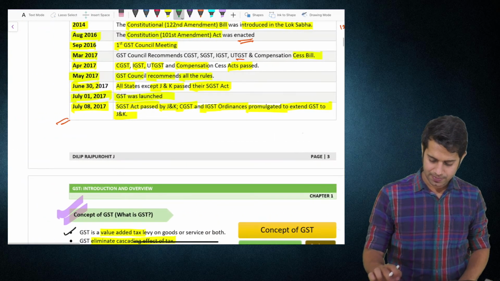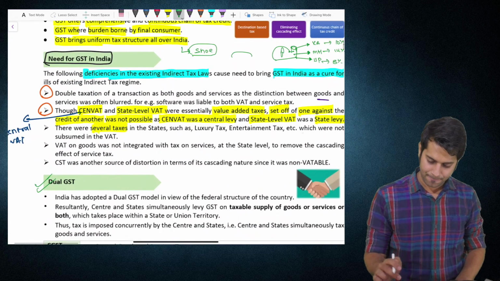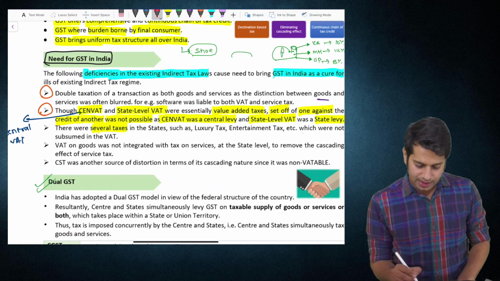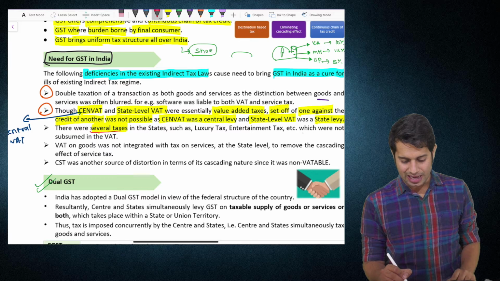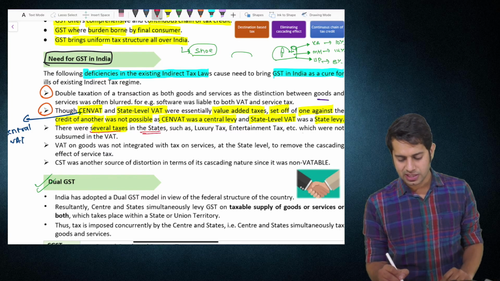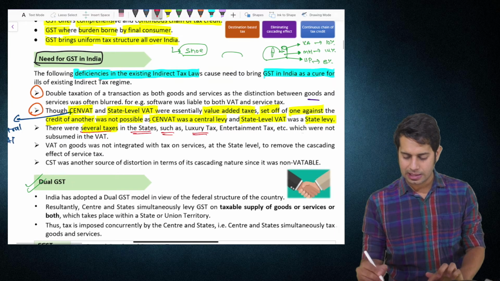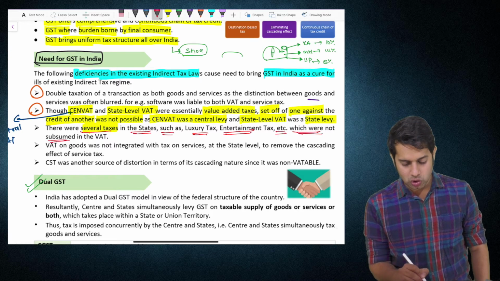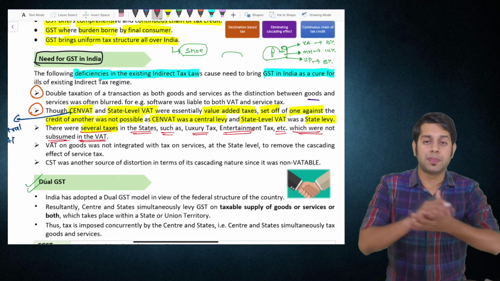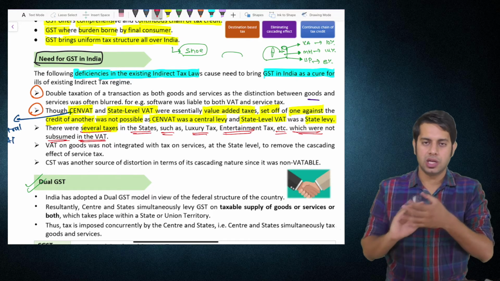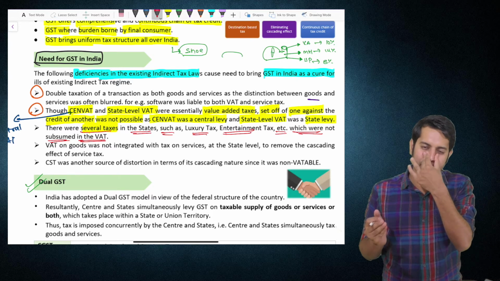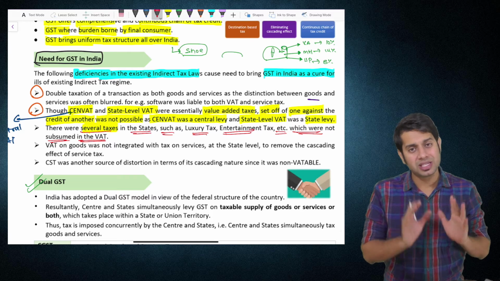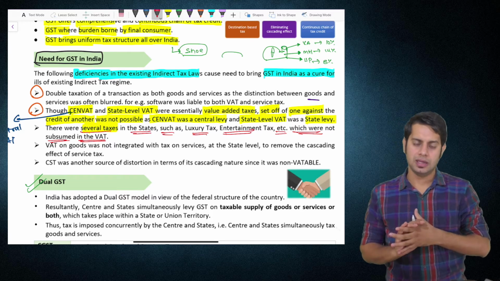What is this point telling, sir? There were several taxes in the state, such as luxury tax and entertainment tax, which were not subsumed in VAT. They were not merged with the value added tax.